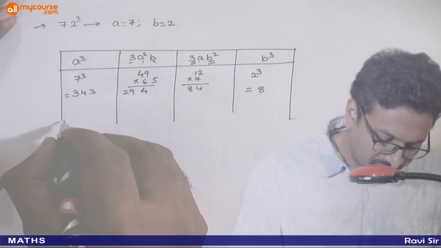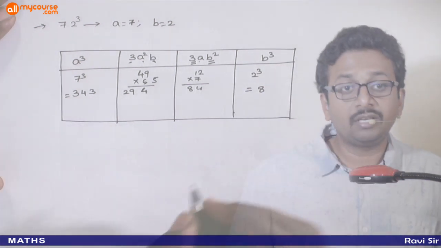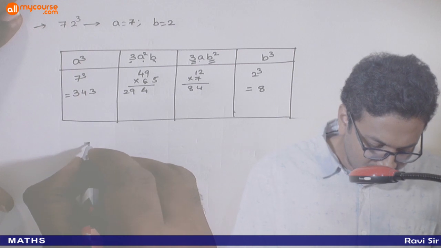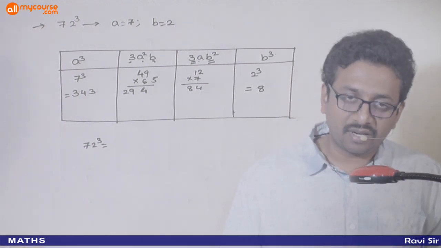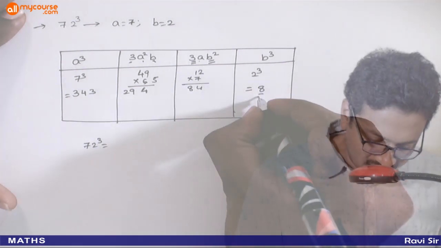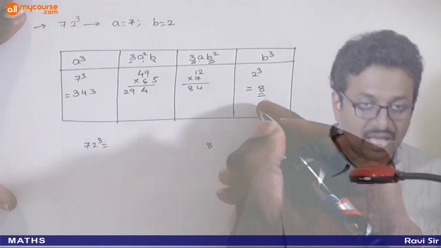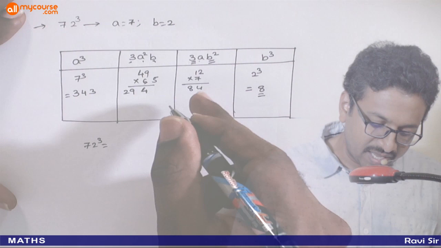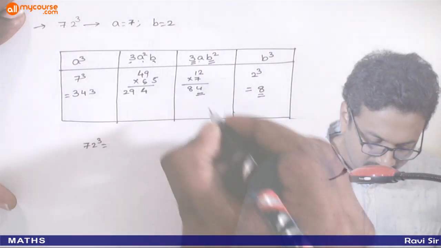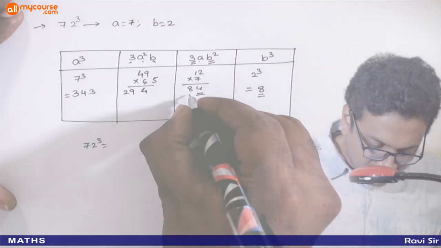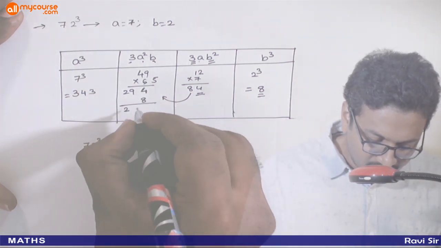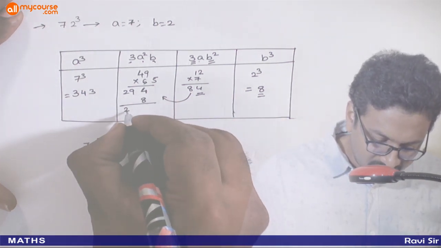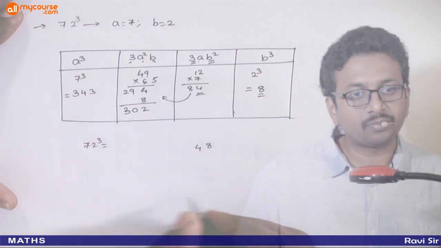Now you have all the numbers in the table. What is 72 whole cube? You have to write one digit at a time from right to left. First digit 8, there is no carry, so you can go directly to the next. The next digit is 4, and this 8 is carried over, so add 8. 294 plus 8 is 302.